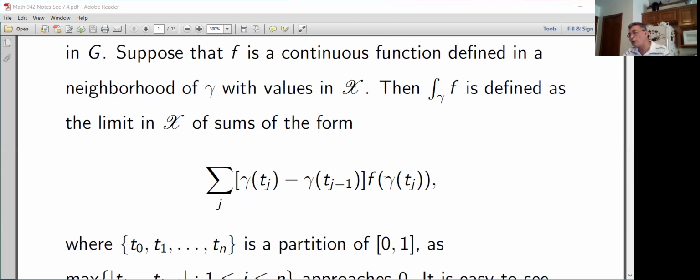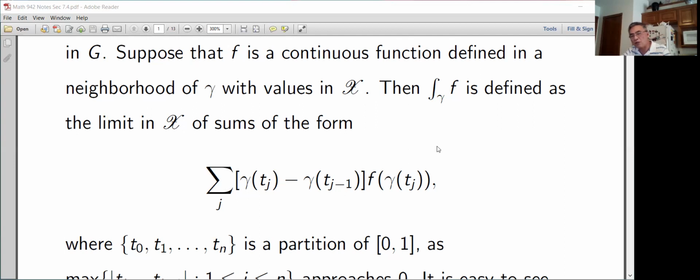Another thing we need to point out is that this integral depends on the orientation of the curve. If we reverse the curve, we get a negative sign for the integral.